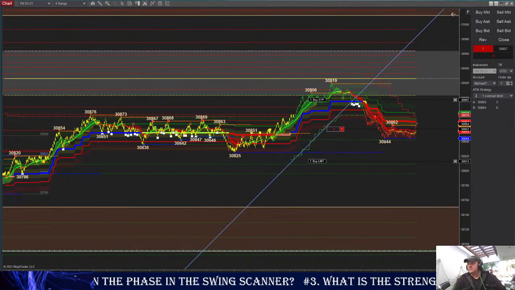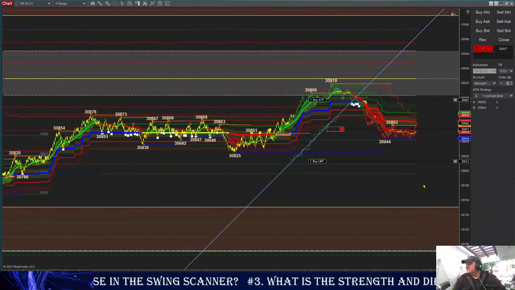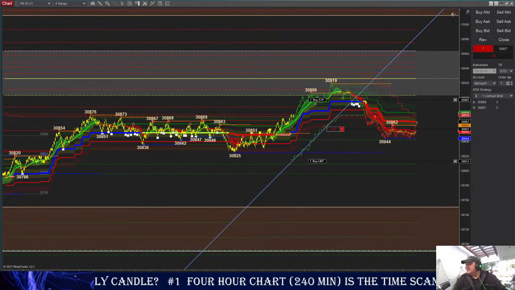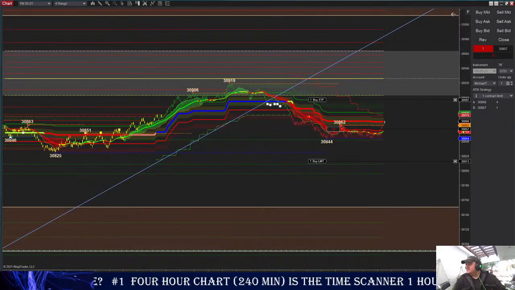Pushing up. We are at that 1030 signal, perfect. Now what I want to see is that little yellow square.